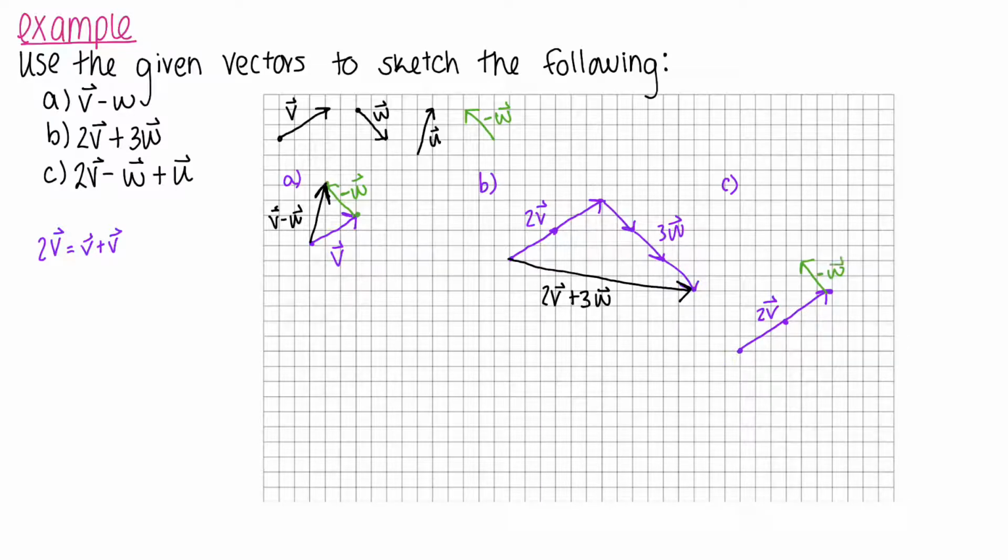This is negative w. And then plus u. U is this guy right here, so he goes up 3 to the right 1. So starting right here, up 3, right 1. This guy is u. Our resulting vector starts down here at the tail, goes to the head, and this would be 2v minus w plus u. It's kind of tiny in there, but there's that.